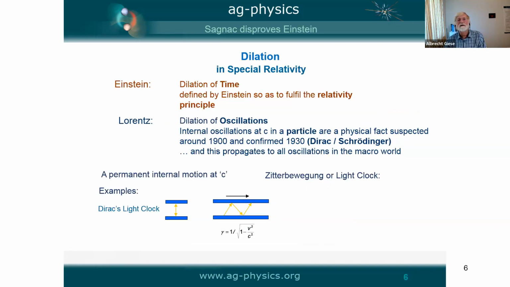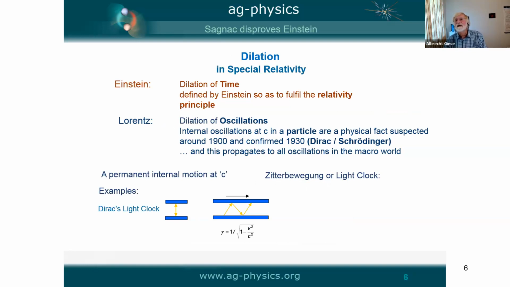Then dilation of time. Again, Einstein defines the dilation of time so as to fulfill the relativity principle. For Lorentz, this is not about time, but more physically about oscillations. There are internal oscillations going on at the speed of light in a particle.